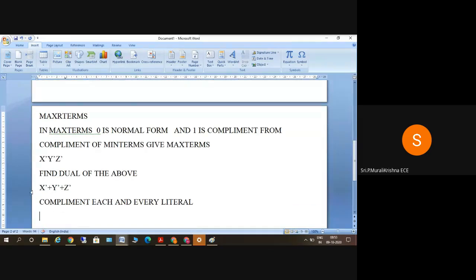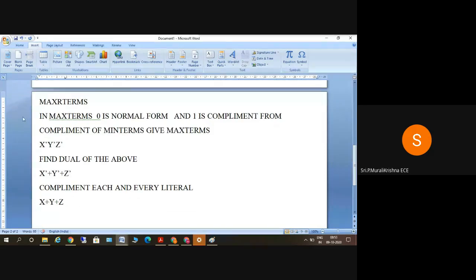So complementing each and every literal will give here x plus y plus z. Okay, and what I told you here is in max terms 0 is the normal form and 1 is the complement form here.